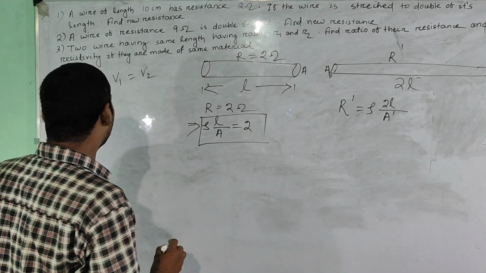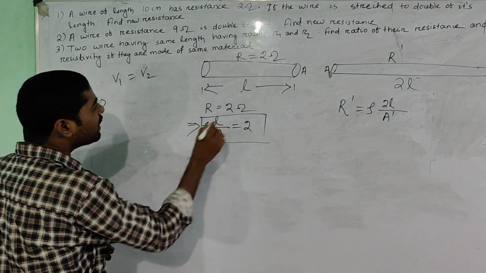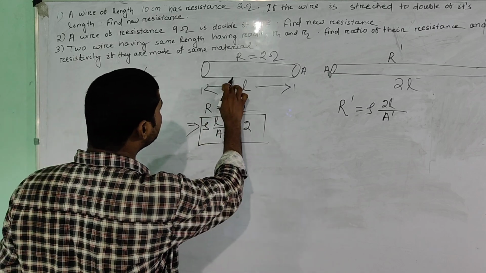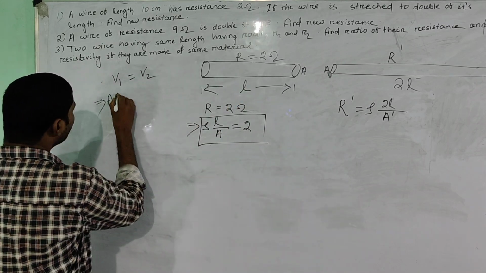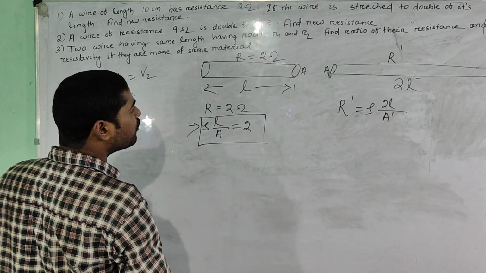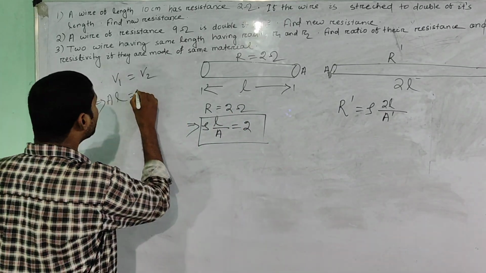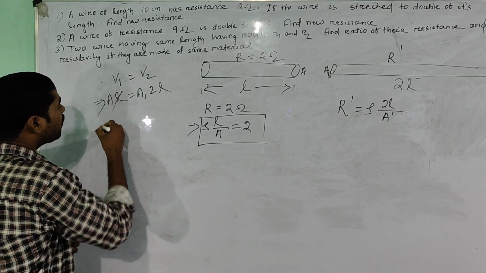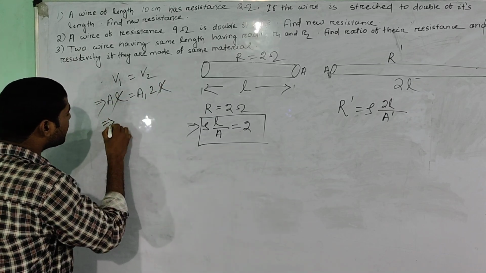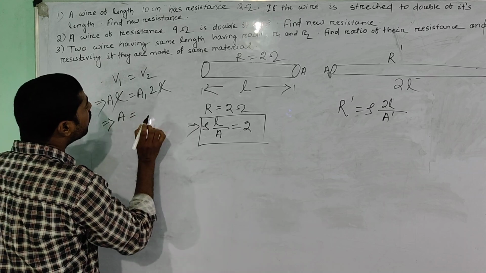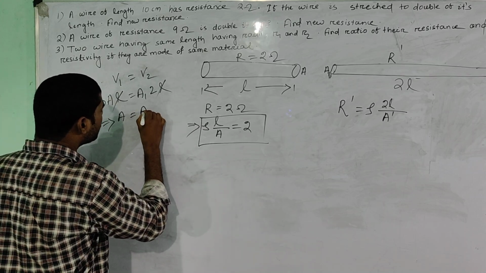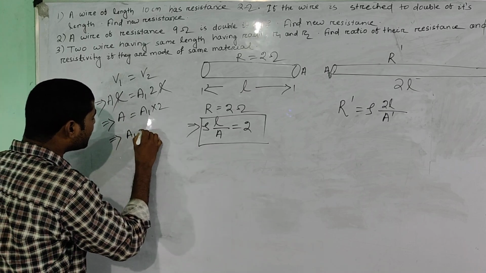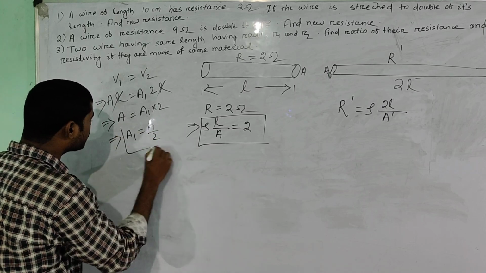V1 for the first case is A L, and V2 for the second case is A1 into 2L. So L gets cancelled: A equals A1 into 2. This is A1 equal to A by 2.